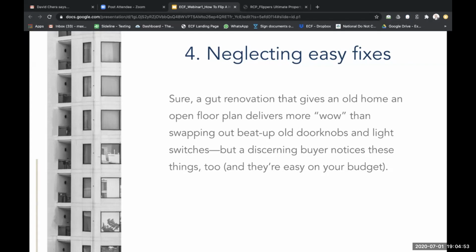Going back to the doorknobs, maybe put locks on the bedroom doors. Some people I know don't put in doorknobs with locks, and I tell them, well, most people want their door locked. Why wouldn't you want to do that? Spend an extra few dollars, do it. This way your end buyer, whether it's an investor or a homeowner, is going to see that you're not neglecting the easy fixes.